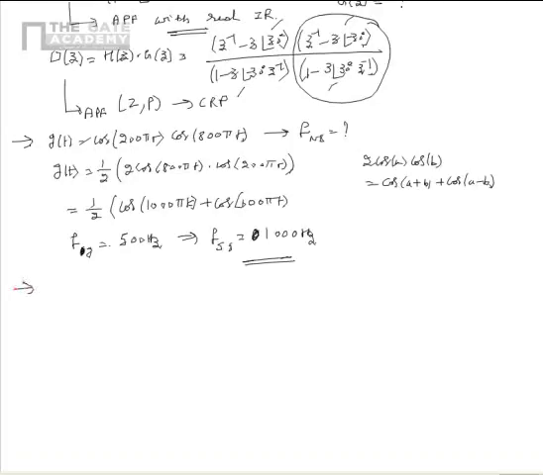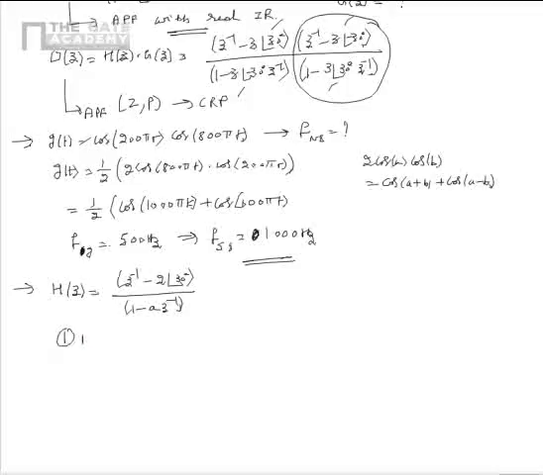Now let us consider another problem, as per which it is given that the system function of an LTI system is given as H(z) equal to (z^-1 - 2∠30°) divided by (1 - a z^-1). There are two statements given related to H(z).